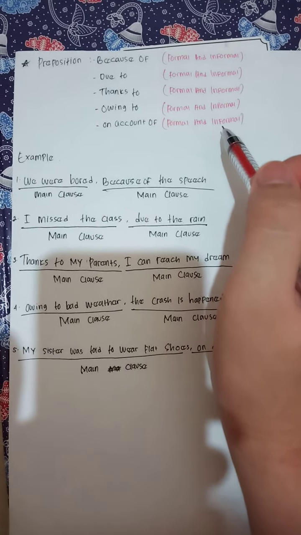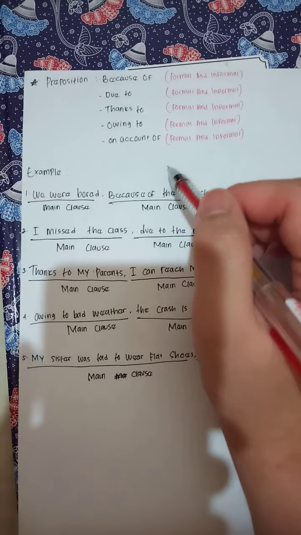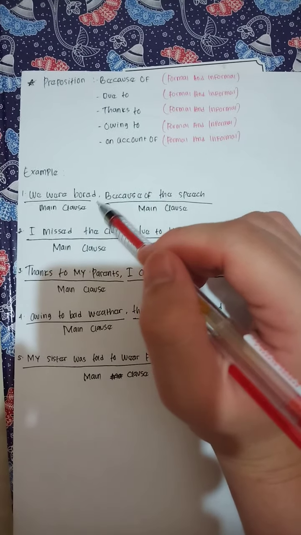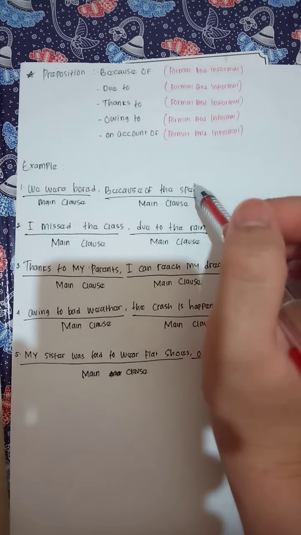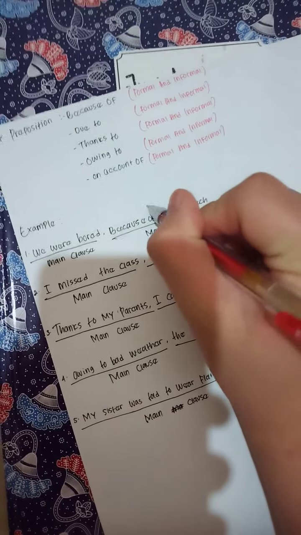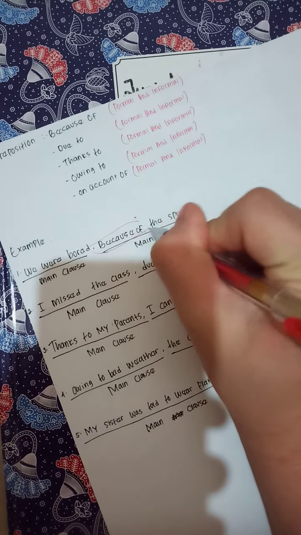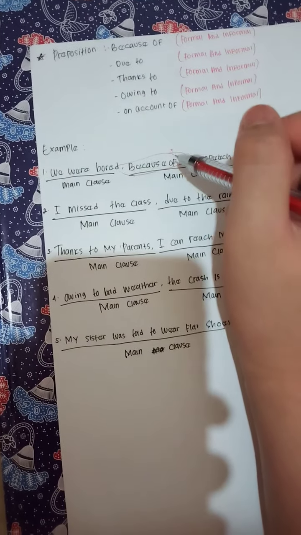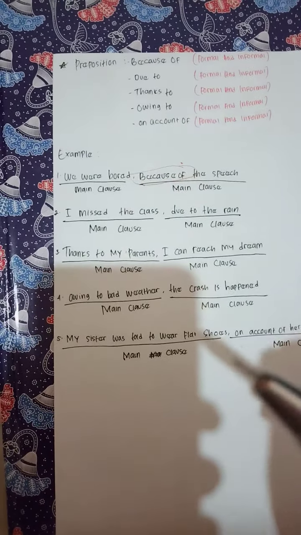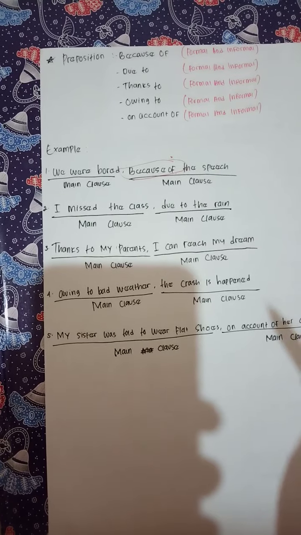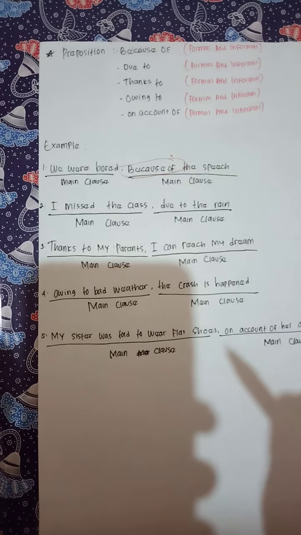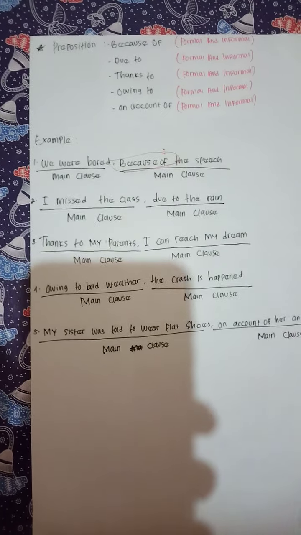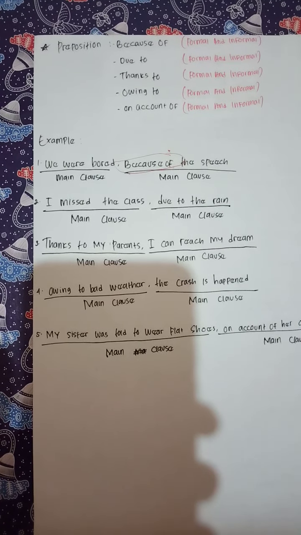The first example, because of: we were bored because of the speech. The second example uses due to: I missed the class due to the rain.